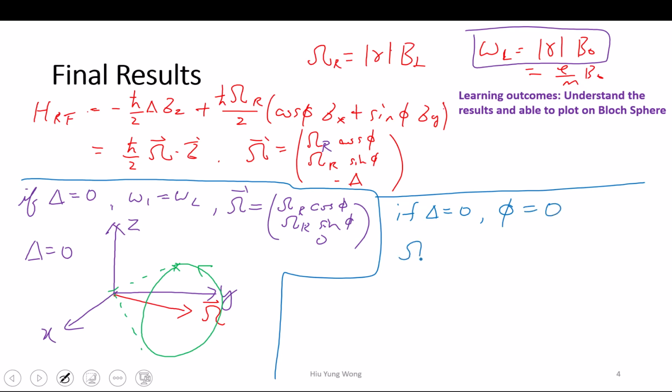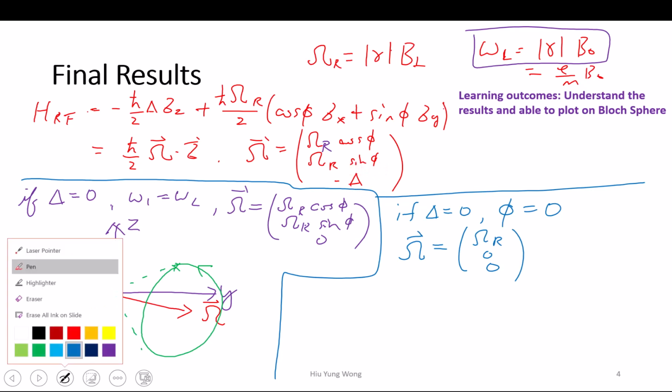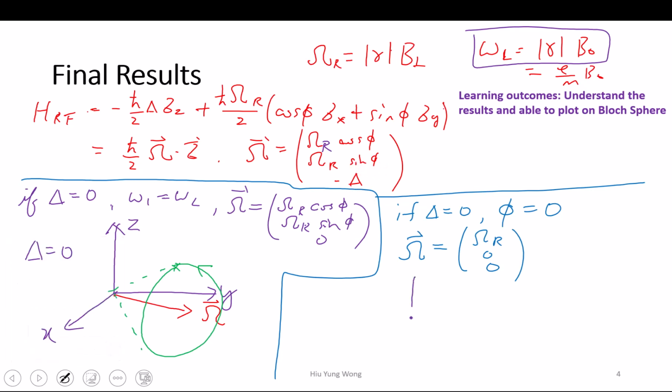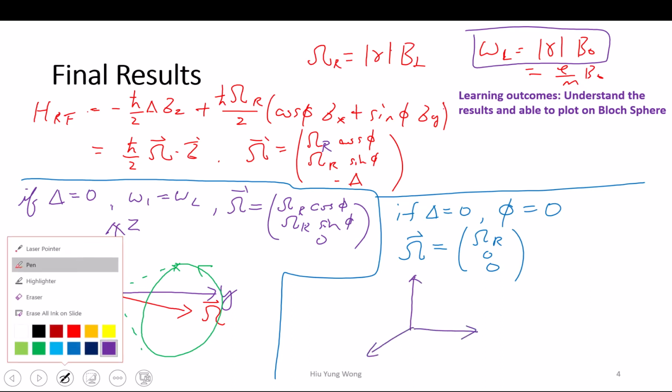It means this omega is equal to omega r, 0, 0, because sine phi equals 0. So basically, now, if I look at my omega, it is just in this direction only.